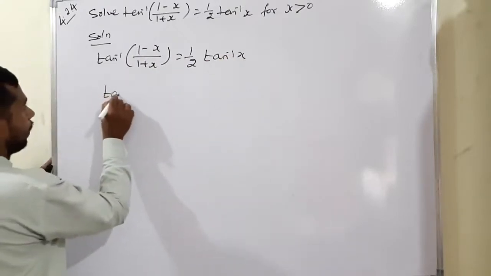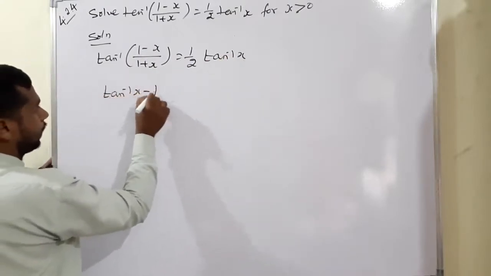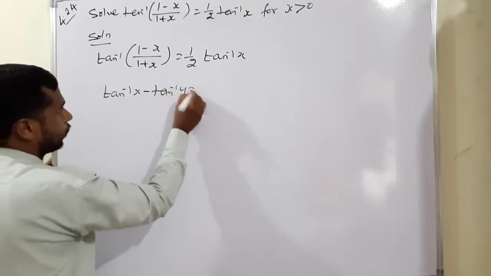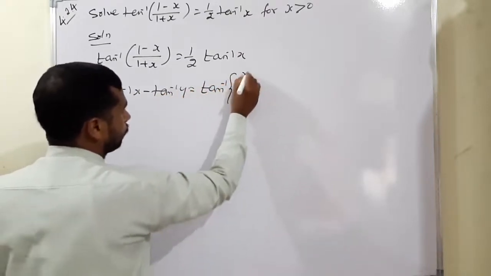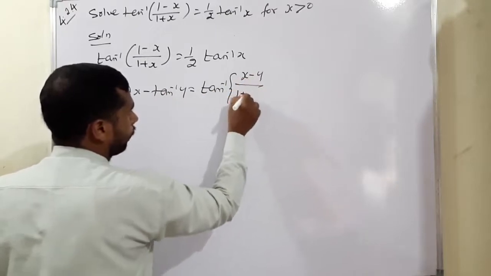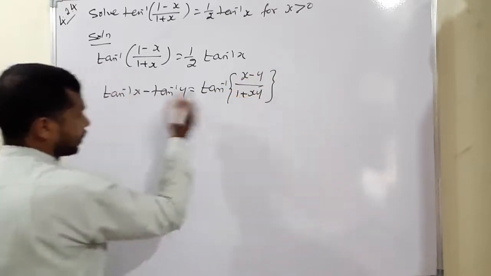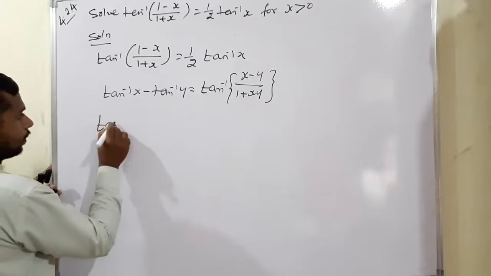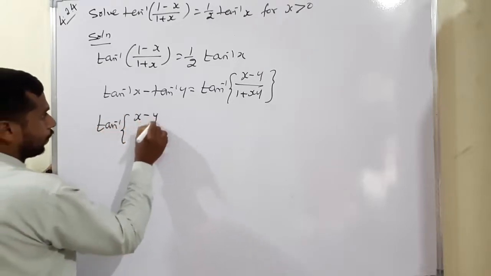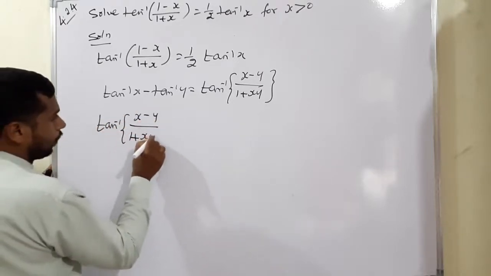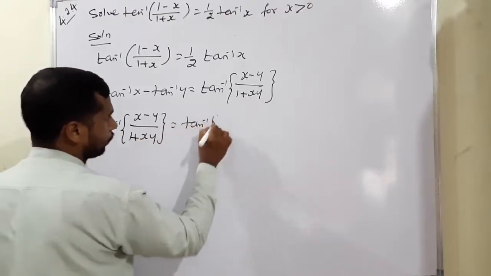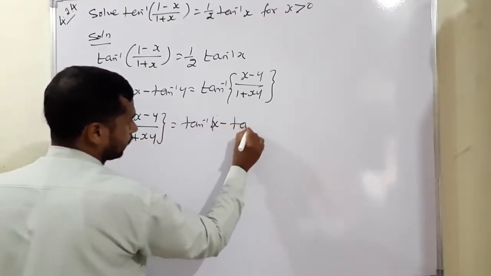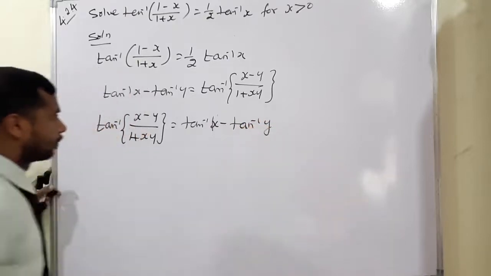So, what is the formula? Tan inverse x minus tan inverse y is equal to tan inverse of (x minus y over 1 plus xy). Reversing the order, tan inverse of (x minus y over 1 plus xy) means tan inverse x minus tan inverse y.